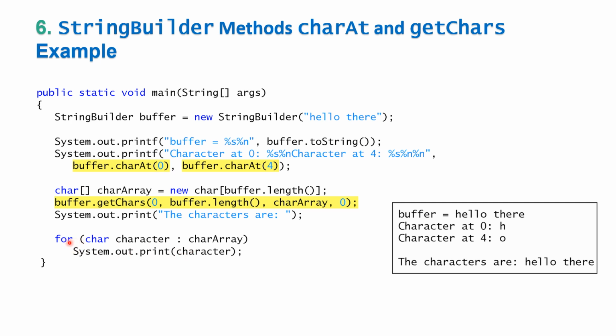It uses an enhanced for loop to display all characters in the char array, and here is the result. It's exactly the same as the content of buffer. Because it copied the entire content from index 0 to the index equal to length minus 1, and charArray is the destination, it stores the characters starting from index 0 of charArray.